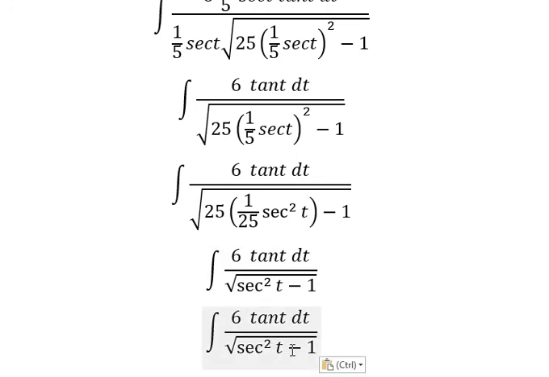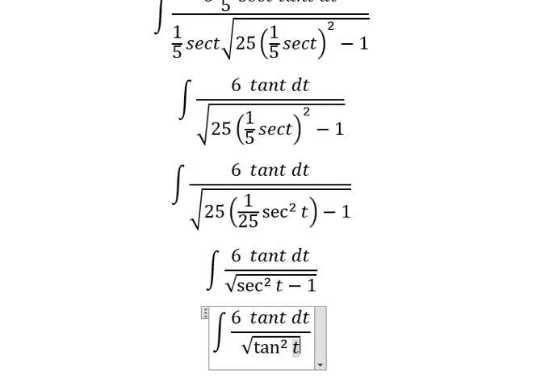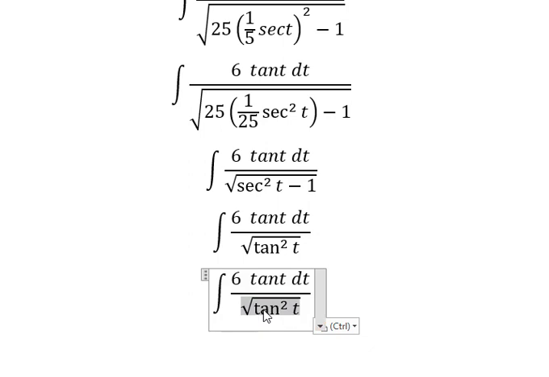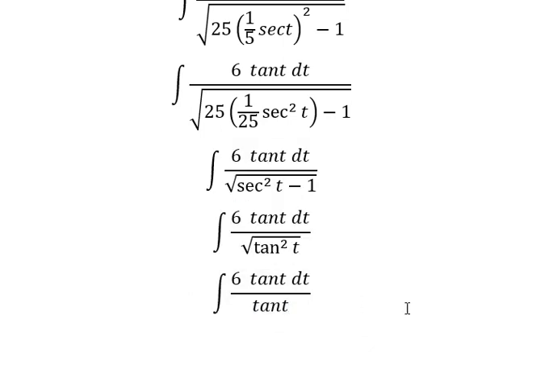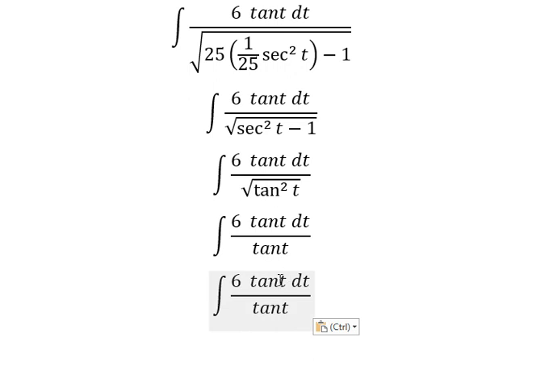Secant of t squared minus 1, we change to tan t squared. This is about trigonometric identities. This one you get tan t. So we simplify tan t on numerator and denominator.